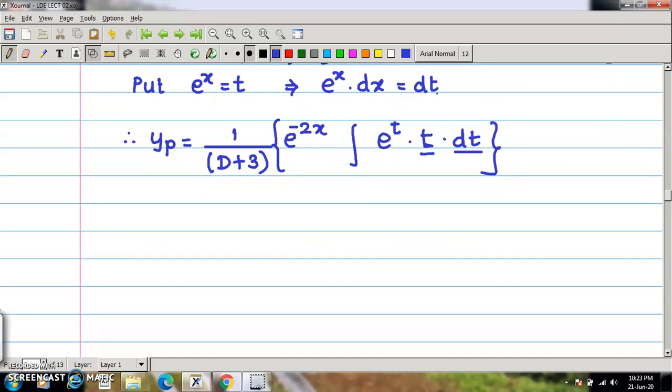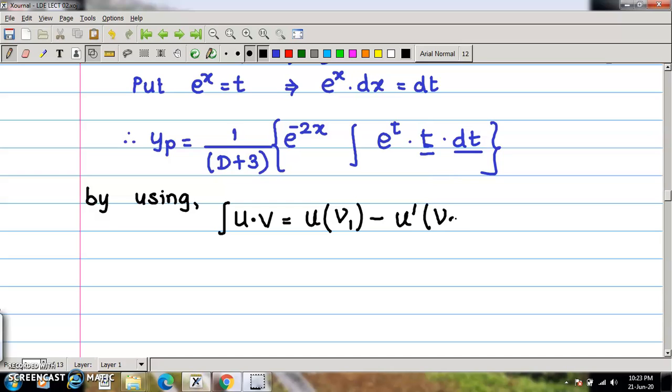Now here we use the extended integration by parts rule. So by using the integration by parts formula, the integration of a product of two functions is equal to the first function as it is into the integration of the second, minus the derivative of the first into the integration of the second. It means we differentiate the first function here and we integrate v1 here.